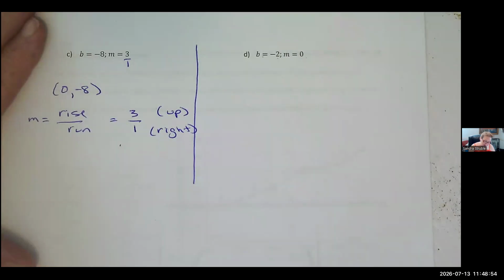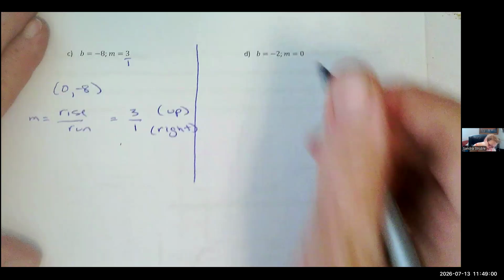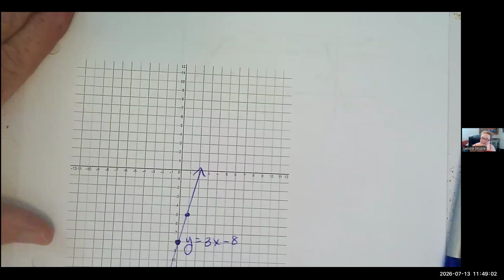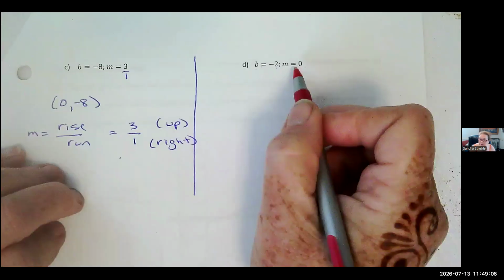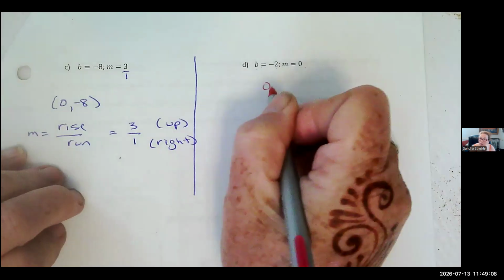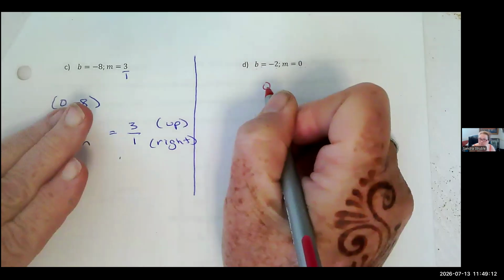Okay. So if my y-intercept is -2, right here, and I do not have a slope, I've got a 0 slope. So that means you're not rising and you're not running. Well, actually, you are running. It's over 1.